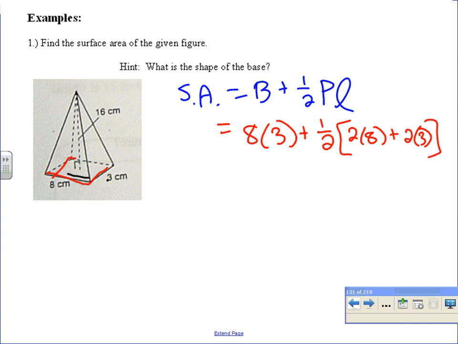times, what's the slant height? We don't know it. How do we find the slant height? Neil? Okay. Awesome. How'd you get 4, Neil?